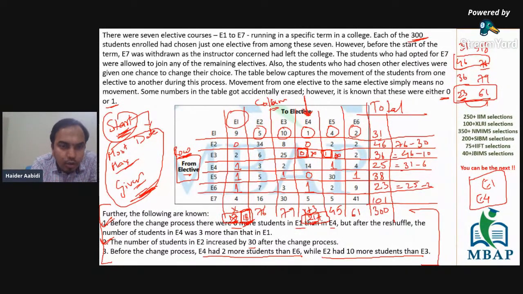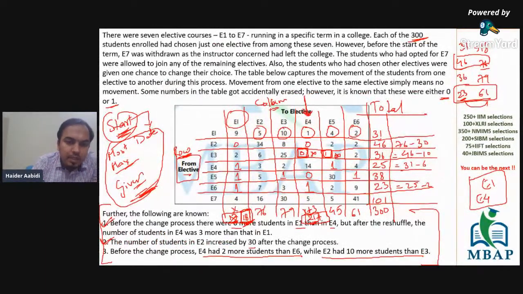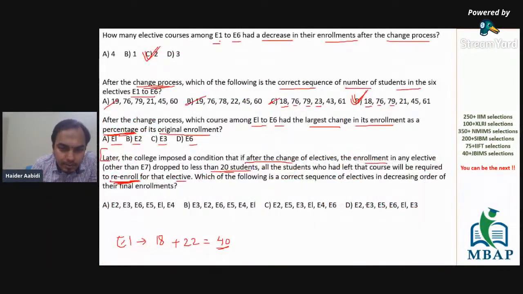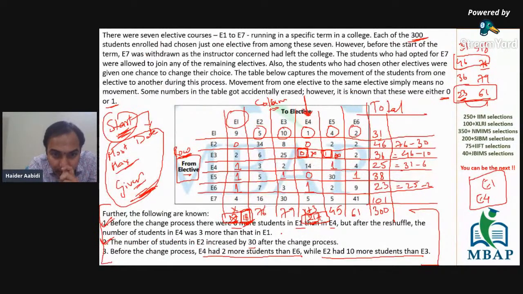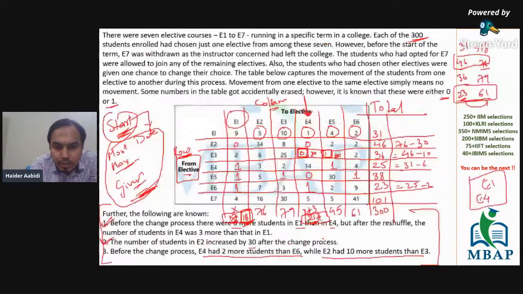E1 has now got 40. E2 will become 76 minus 5. That makes it 71. Then we have E3 that becomes minus, which is going to be 69. You have all the numbers coming up. 21 minus 1, that is going to be 20 now.